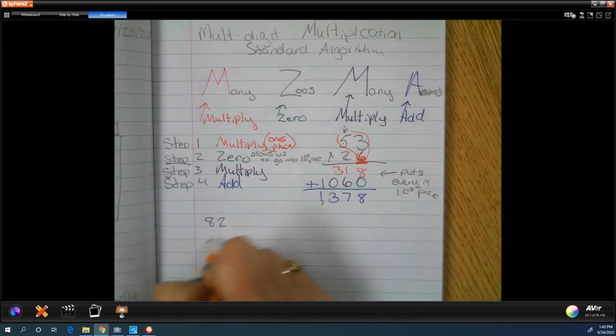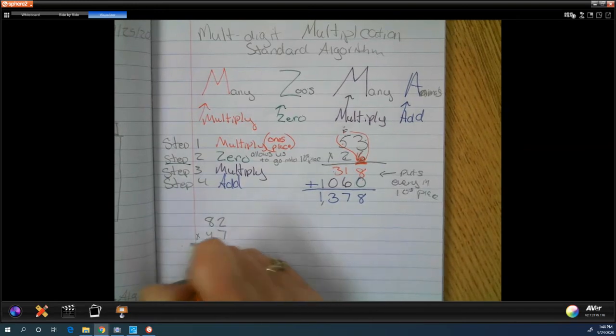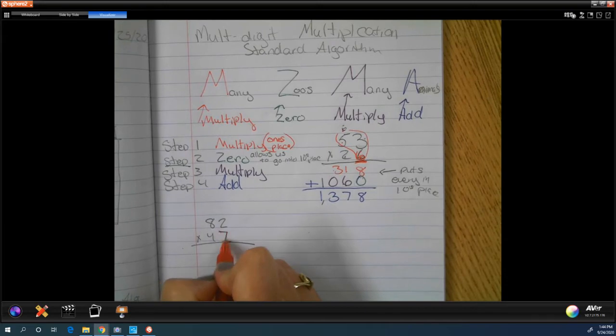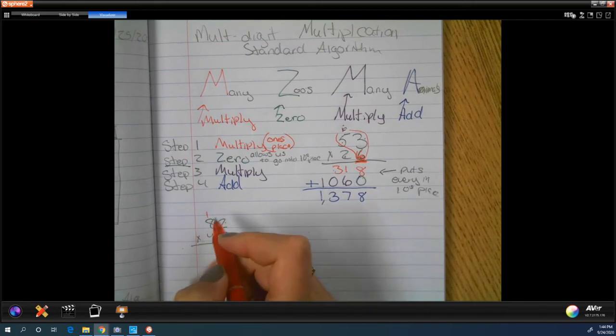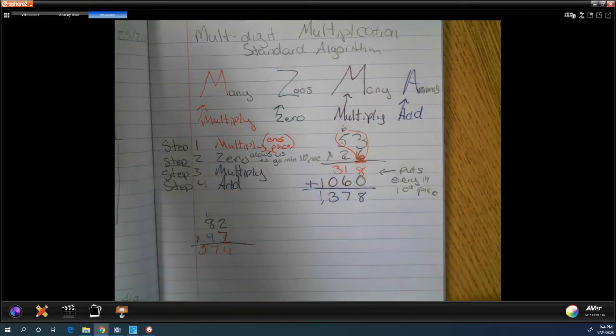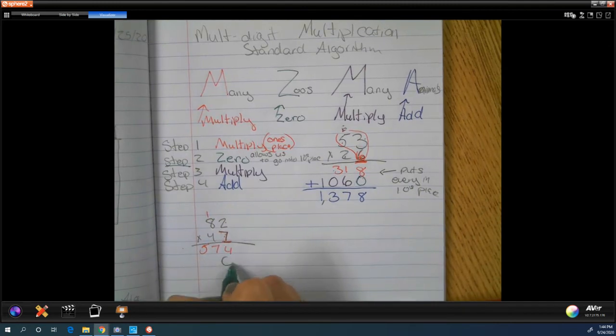So let's try that again on another number. How about 82 times 47? Step 1, multiply the ones place. So I go 7 times 2 is 14, and 7 times 8 is 56, plus 1 more is 57. Okay, there was my step 1. Step 2, add a 0.